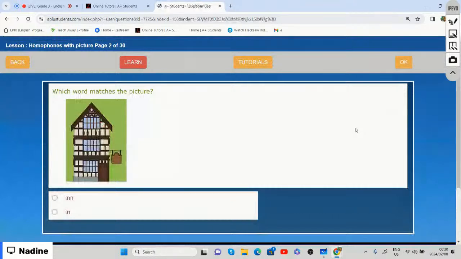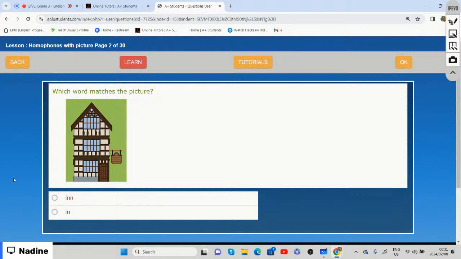If we look at the next picture, we need to match the word "in" with a picture. Is it "inn", as in I-double-N, or "in", I-N? Especially if you're looking at all the windows, it's like a triple story, right?